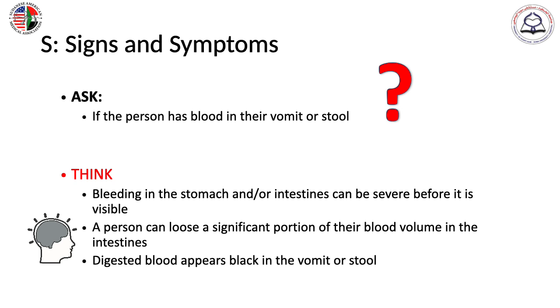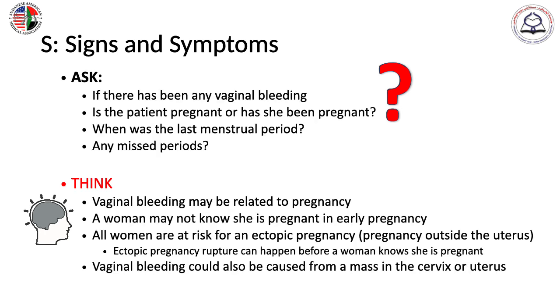Patient can bleed outside, or GI bleeding can be concealed. It could be in the stomach and intestine, and the patient just shows manifestations of shock. Bleeding can happen from the genital tract. You need to ask if the lady is pregnant, and when was the last menstrual period, any missed cycle, and if she's postpartum.